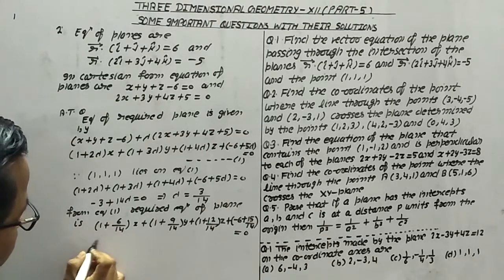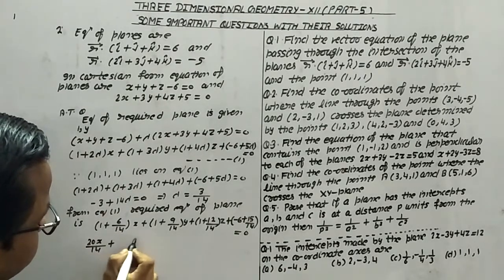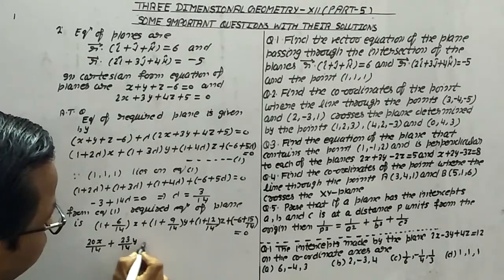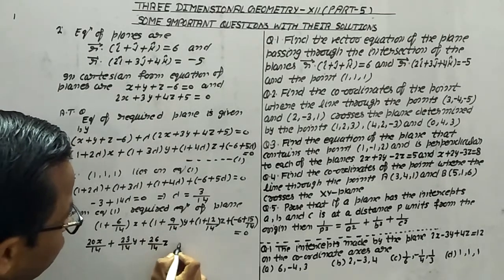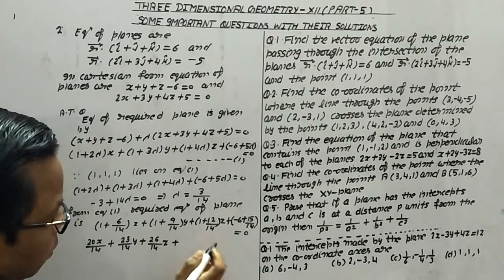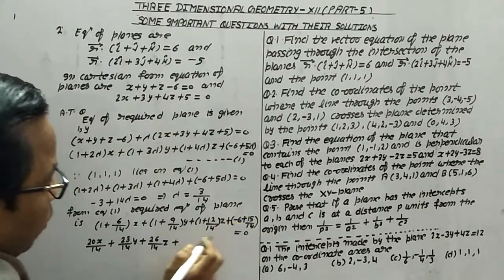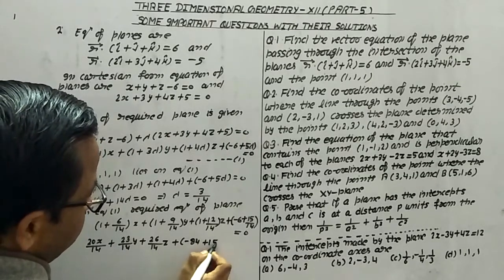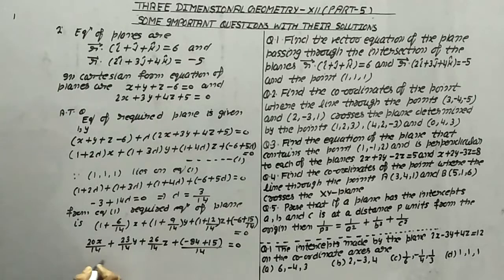Now when we do the solution, this becomes 20x upon 14, 23y upon 14, 26z upon 14, and this becomes 14 times 6 is 84, so minus 84 plus 15 upon 14 is equal to 0. Take the LCM.